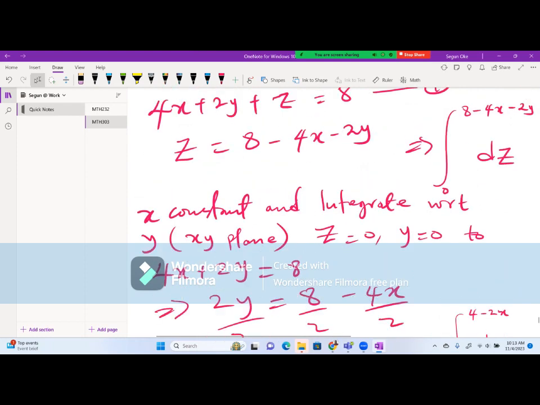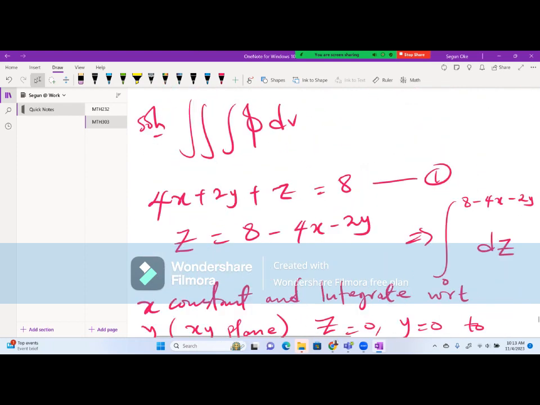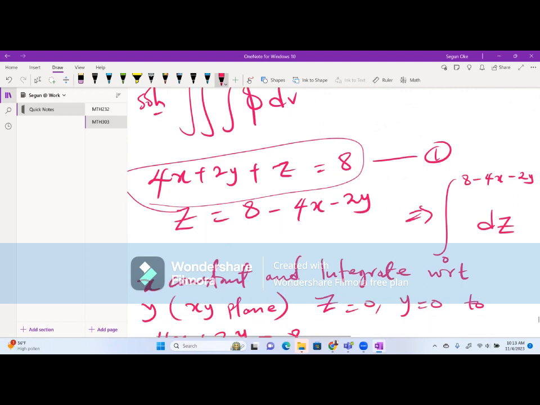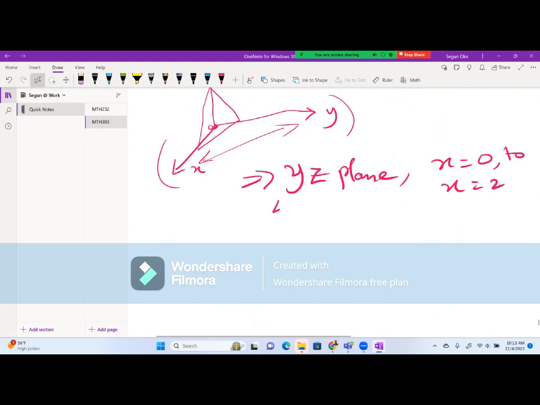YZ plane rather. If you are considering the YZ plane, what will happen to these two? We can get when x equals 0. Since it's the YZ plane, we're looking for x now. So the others are 0, right? Then we have 4x equals 8.